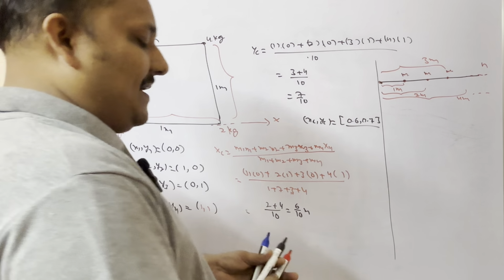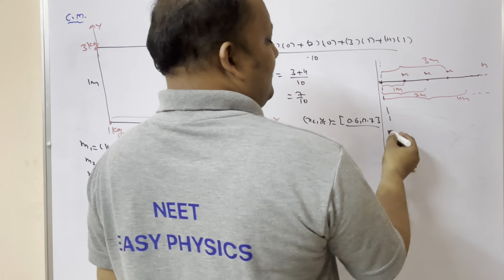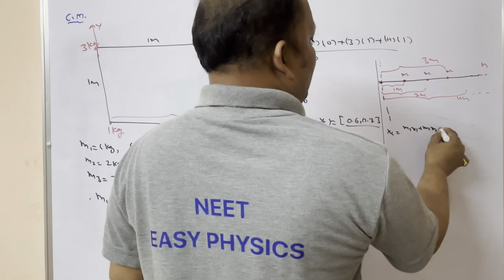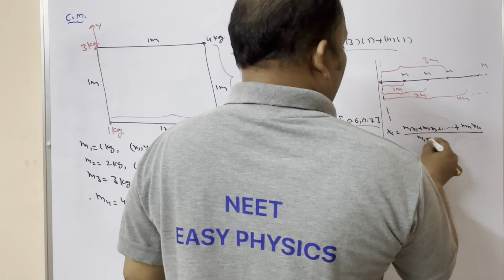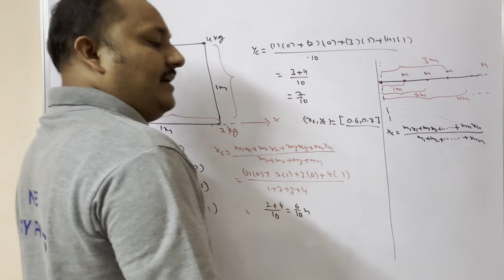For a 2 particle system we did it. Here this is going to be an n particle system. Then x is equal to m1 x1 plus m2 x2 plus and so on mn xn by m1 plus m2 plus and so on mn.